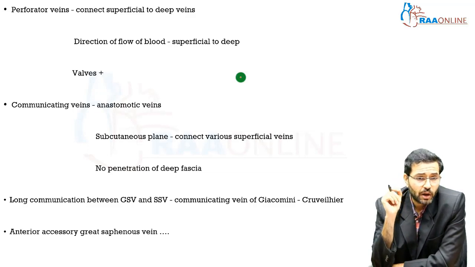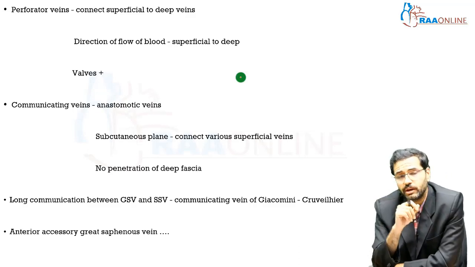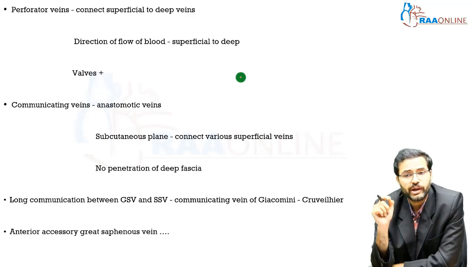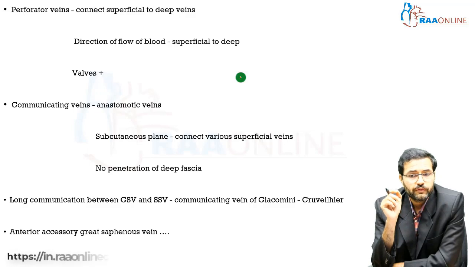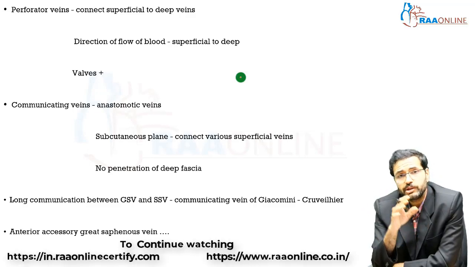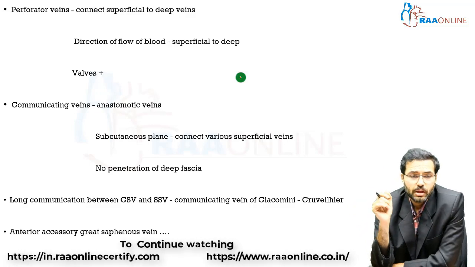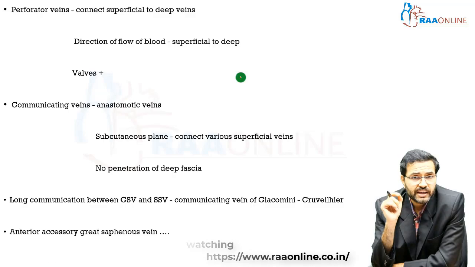One is the long communicating vein between the great saphenous vein and the short saphenous vein, called the communicating vein of Giacomini. This communicating vein connects the great saphenous vein with the short saphenous vein. Another important communicating vein is the anterior accessory great saphenous vein.